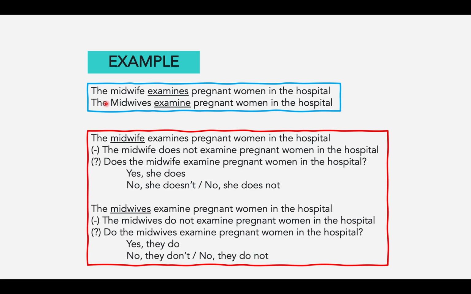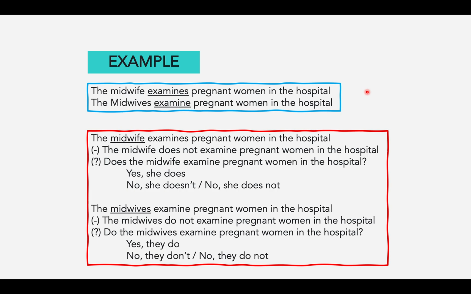And here, when it is midwives, more than one midwife, you have to use verb without s. So I will read the example. The midwife examines pregnant woman in the hospital. And for the second one, the midwives examine pregnant woman in the hospital.